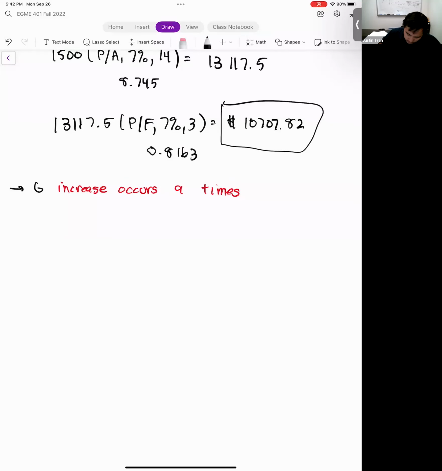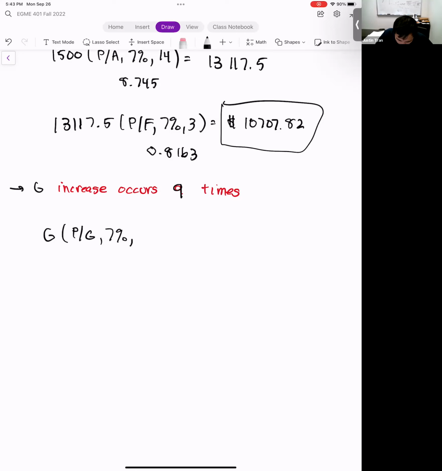And so let's go ahead and start setting up the equation. And so we have G. And so first thing I'm going to do here is, our only mechanism for converting from G is a P over G. We have A over G as well, but A over G is not as useful. Our interest rate here is 7%. And now we need to put N for this.